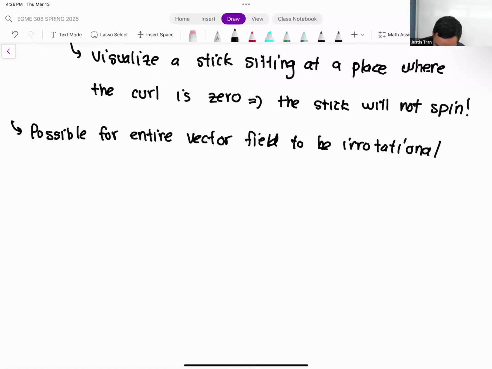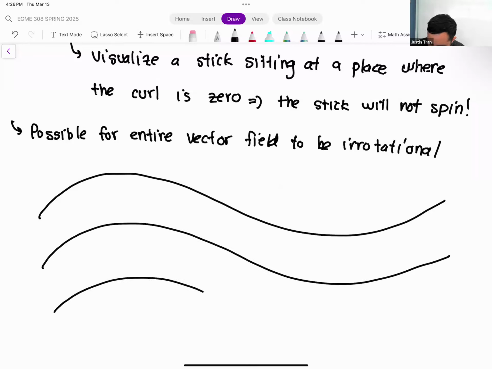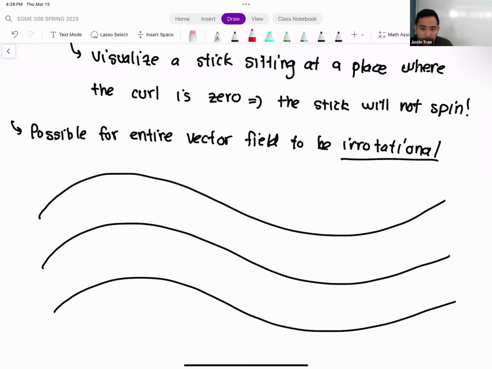So for example, let's say that we have a vector field that looks something like this, and let's say that this vector field is irrotational. Let's say we have an object traveling along this vector field, following this line.